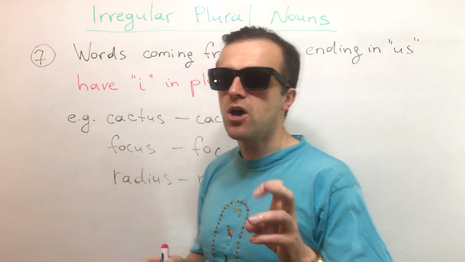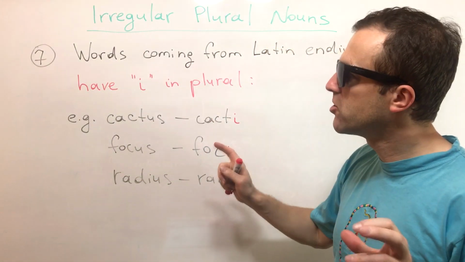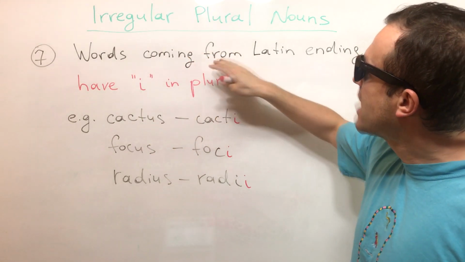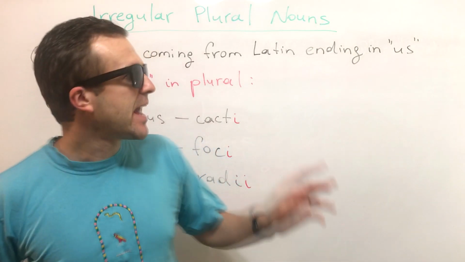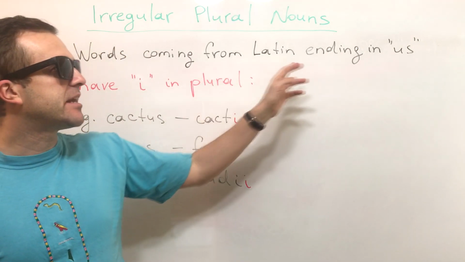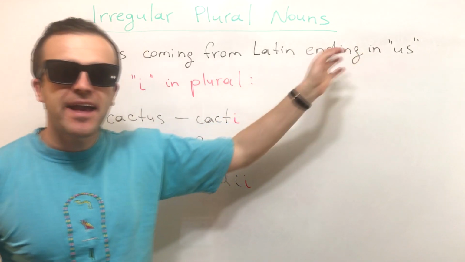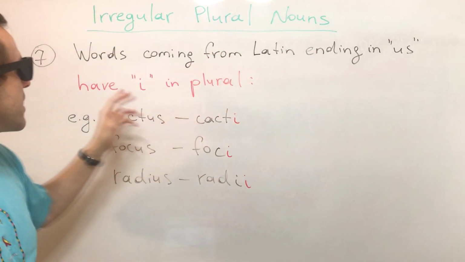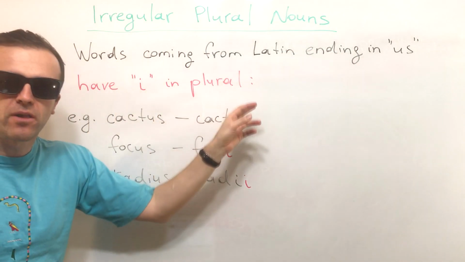Okay guys, so one more interesting rule about the words that came from Latin and have the ending us at the end in singular, have i in plural.